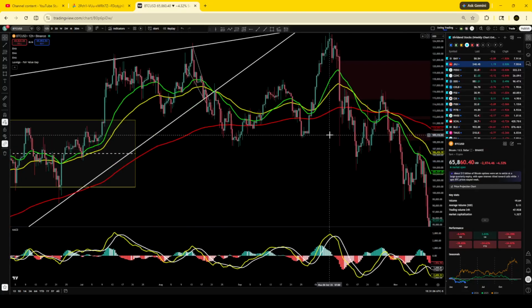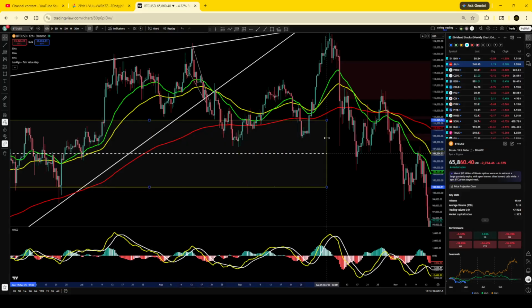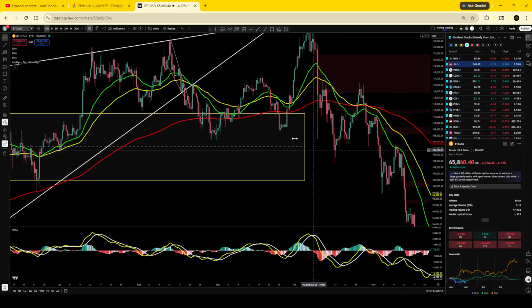And it looks like it kind of acts as support. Yeah, acted just like support. All right. If price is between levels, wait. Levels tell you where to act. Structure tells you what to do.